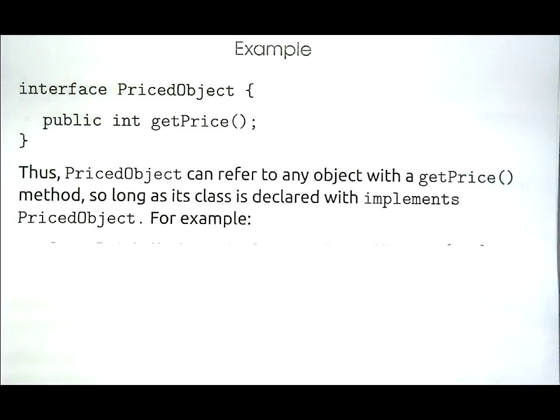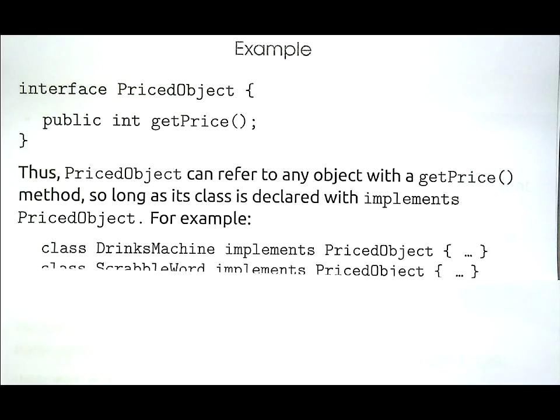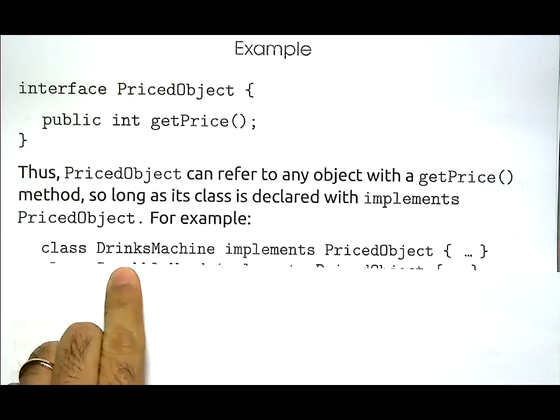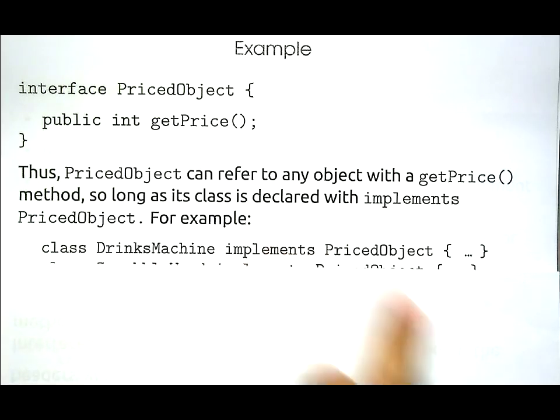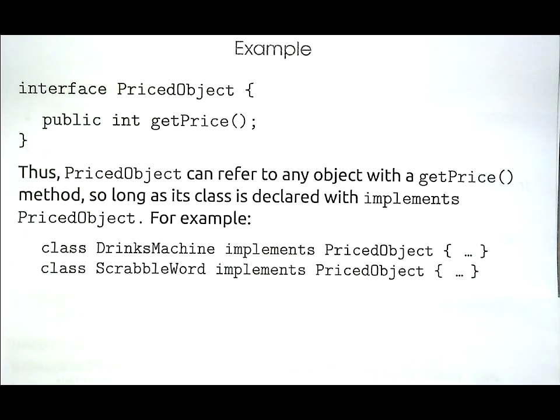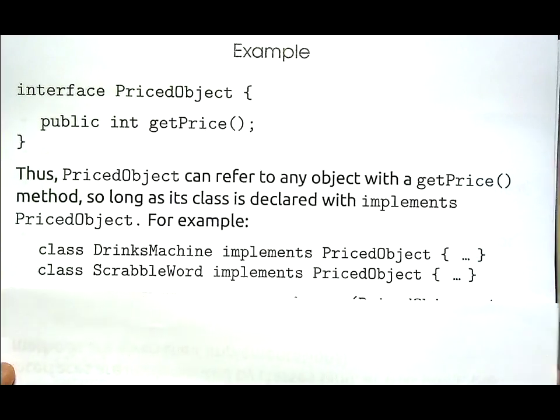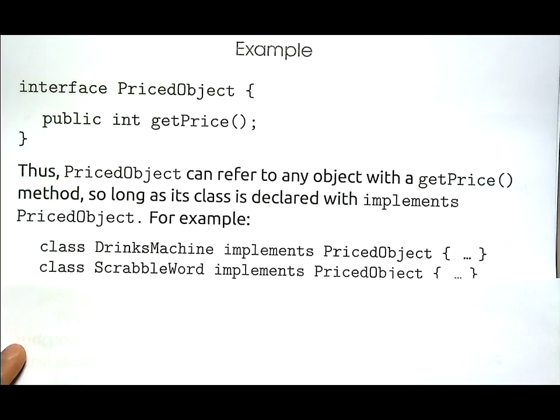So you can refer to any object with a getPrice method. For example, the DrinksMachine class that we defined in the first lecture already implements PricedObject because it has a getPrice method. So we could declare a DrinksMachine as implementing PricedObject. But you can also have other things that are priced objects, for instance, a Scrabble word.